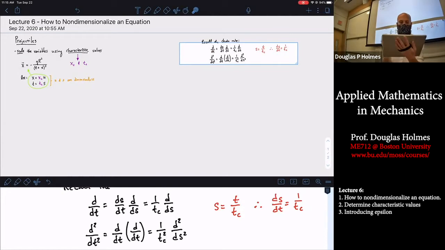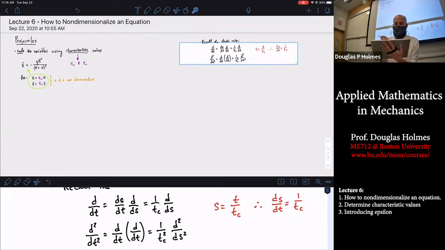I haven't written what I'm taking a derivative of here. I've separated out the derivative operator from the thing I'm taking the derivative of. So this is just d by dt of something. If I want to do d by dt, I should replace it with 1 over the characteristic time times d by ds. We'll keep coming back to this idea of treating these as operators that operate on variables.